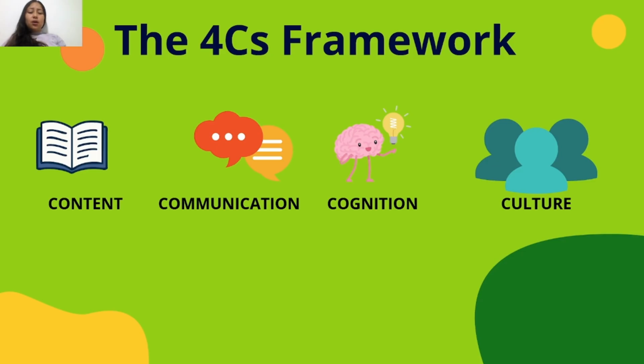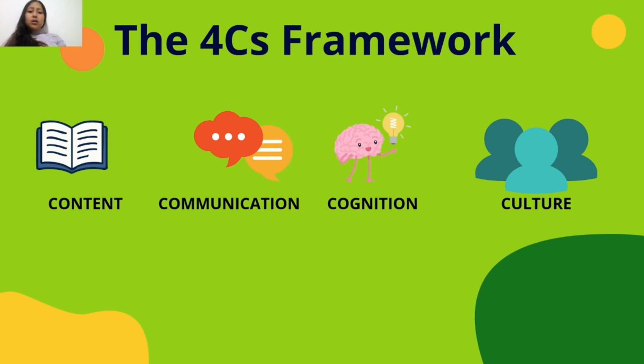CLIL is based on the 4Cs framework. The first C is content, which refers to the knowledge students learn in different school subjects. The second is communication, because students use English to express ideas, ask questions, and interact with others.